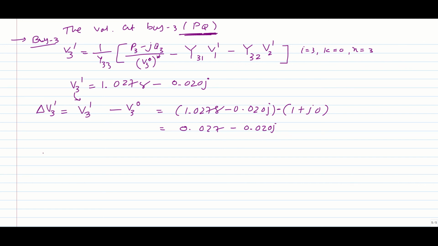Now we need to multiply with the acceleration factor alpha.